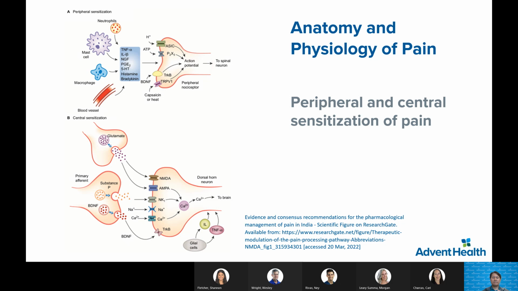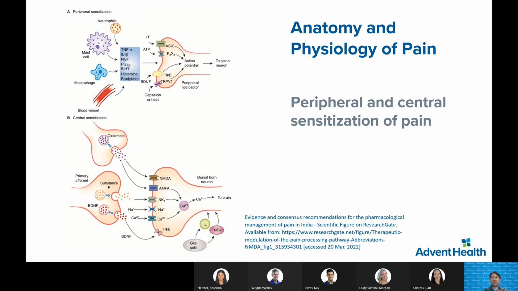Persistent pain and inflammation cause activation and repetitive firing of the afferent C fiber over here, which triggers the release of the excitatory neurotransmitter glutamate in the synapse of the dorsal horn. This is accompanied by the release of substance P right here, BDNF, and neurokinins, which cause persistent depolarization of the cell membrane.